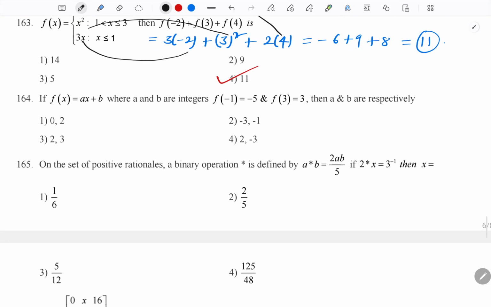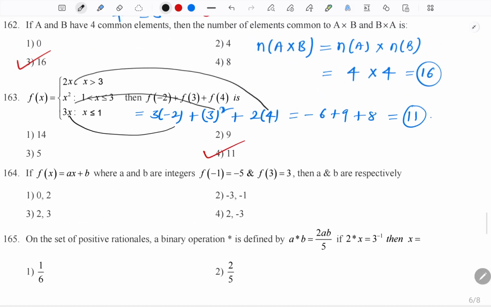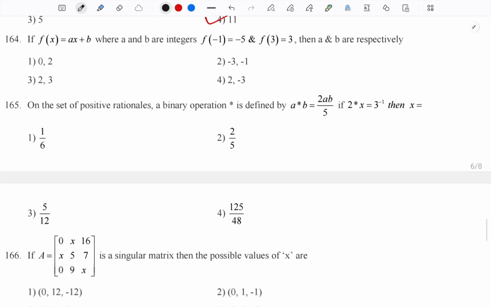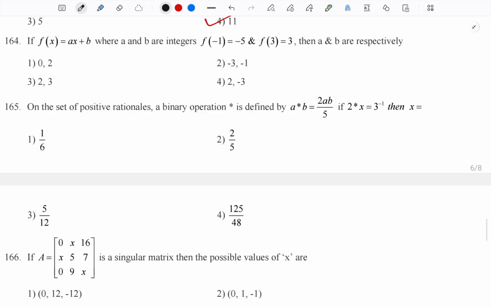Next one, if f of x is equal to this one, then what are the possible values of a and b? Now substitute those values and then tell. If I substitute minus 1, then minus 5 equals minus a plus b, one of the equations. Next, if I substitute 3, then they give 3, then 3a plus b.